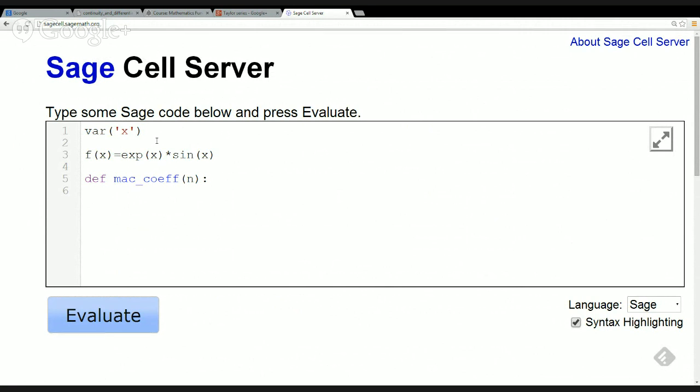And the Maclaurin series coefficient is the derivative of f differentiated n times. So that command diff f n should differentiate f n times. Then you evaluate it at 0. And then we're dividing by factorial n. That's just a little one-line function that should return the Maclaurin series coefficient.